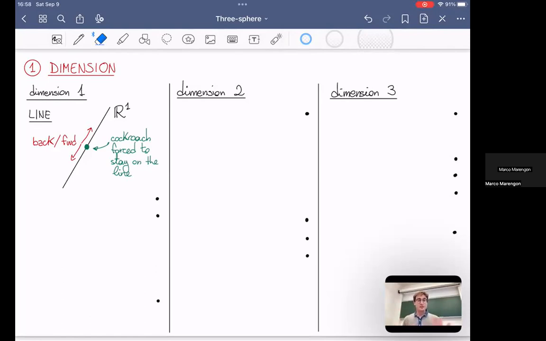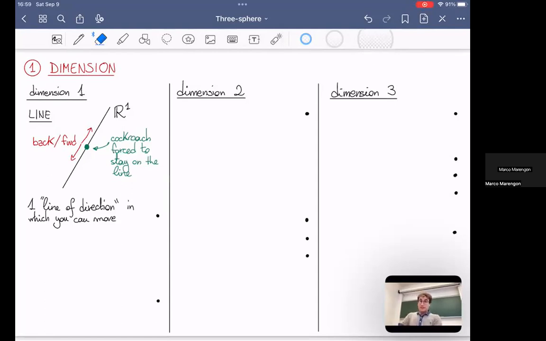So in this case, you see that there is one line of direction in which the cockroach can move. Sorry, here I meant to write the cockroach, not you. I'm not implying that you are cockroaches. So there is one line of direction in which the cockroach can move. And so we say that the line has dimension 1. We give a name to the line, we call it R to the power of 1.